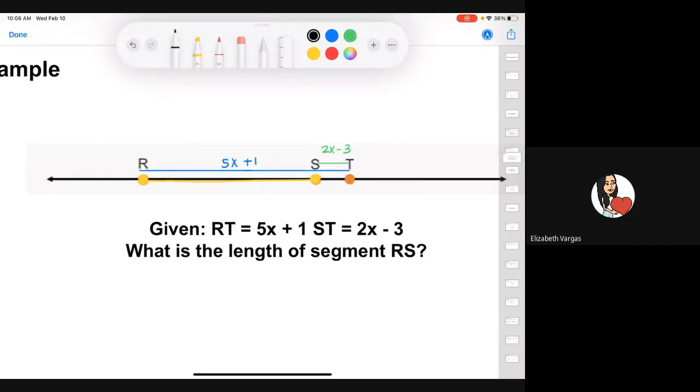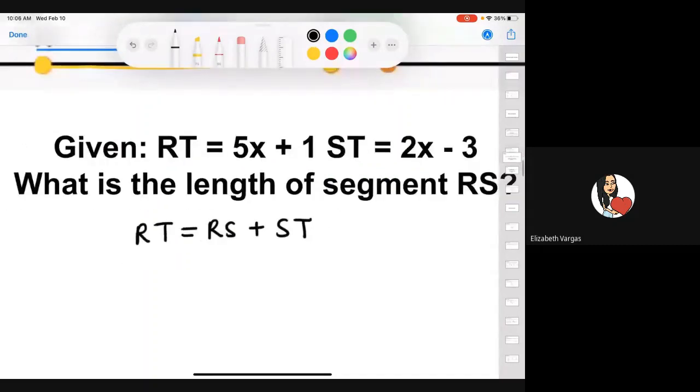What the angle addition postulate tells us is that we can find the entire distance of RT by adding RS plus ST. Now we want to put in the missing pieces.